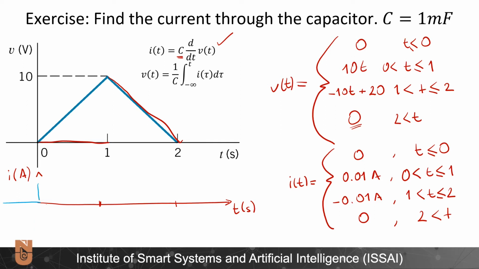Then it jumps to a higher value. Then it jumps to the negative value. And after 2, it becomes 0 again. And this is the graph of my current. Here I have 0.01, and here I have minus 0.01 amperes. This is 1 and this is 2.